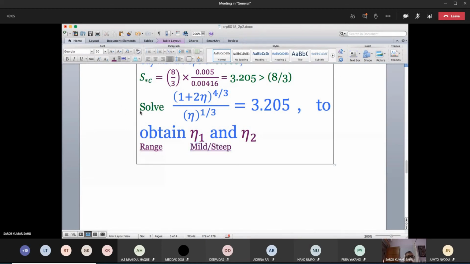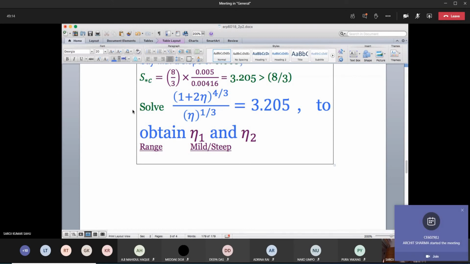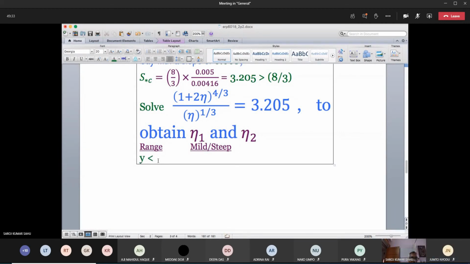You have to obtain the range and whether it is mild or steep. So first is the y1 value, beta eta 1.